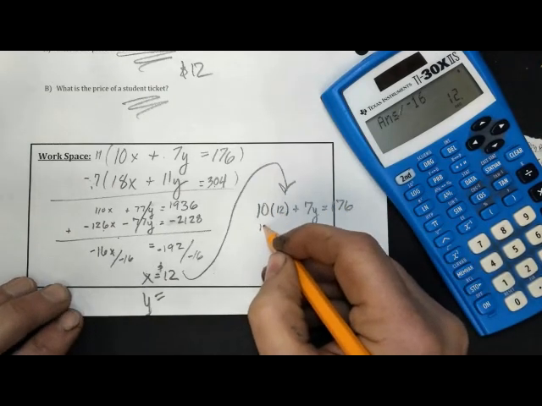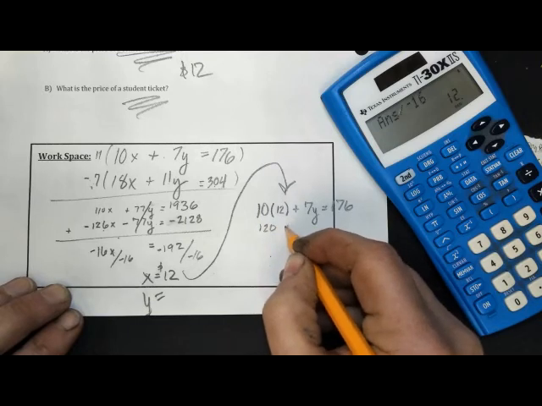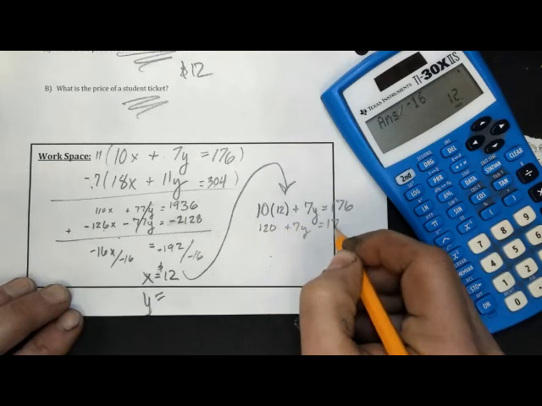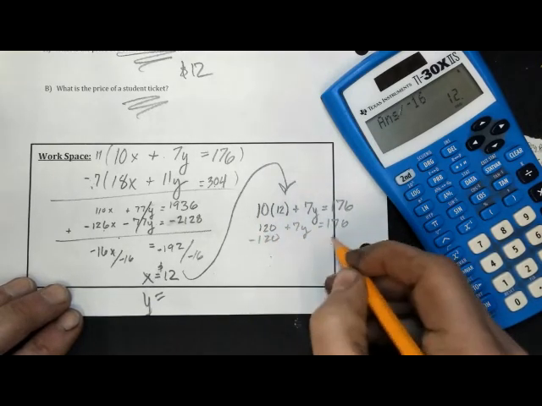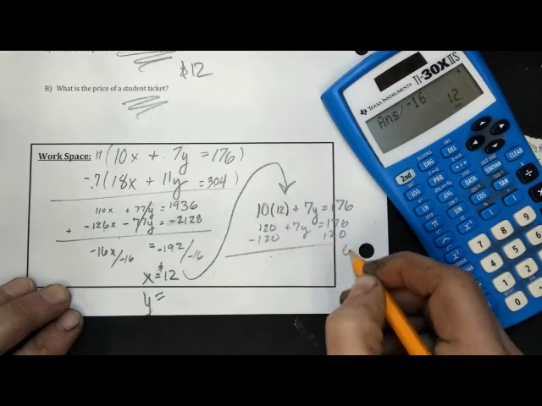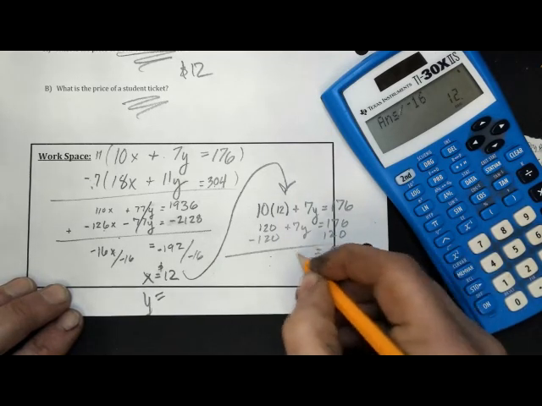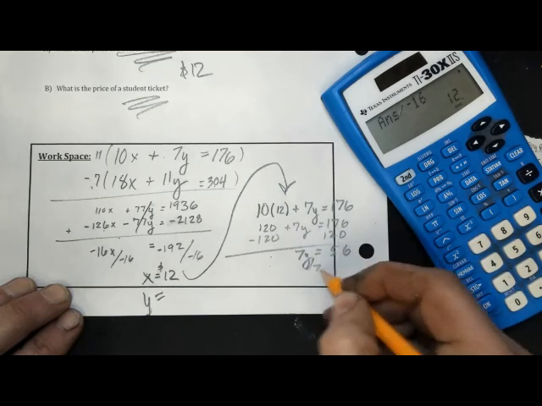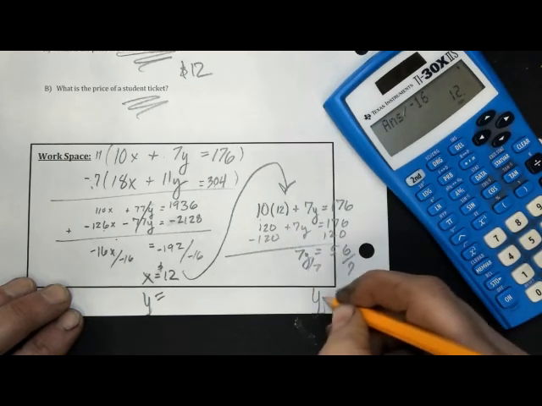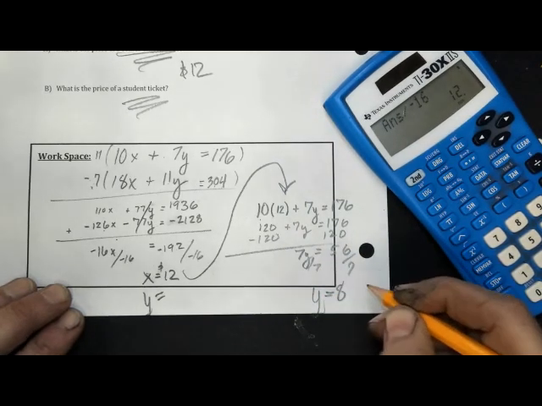Multiply these, you get 120. Subtract 120 from both sides. You get 56 equals 7y. Divide by 7, and you get that y equals 8.